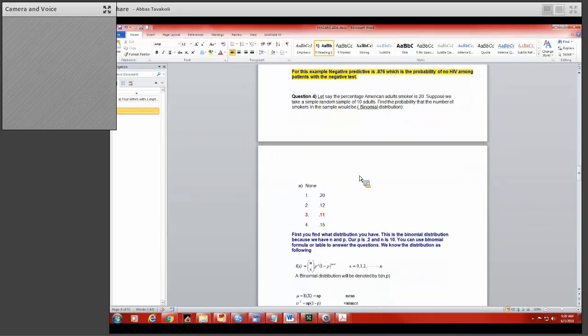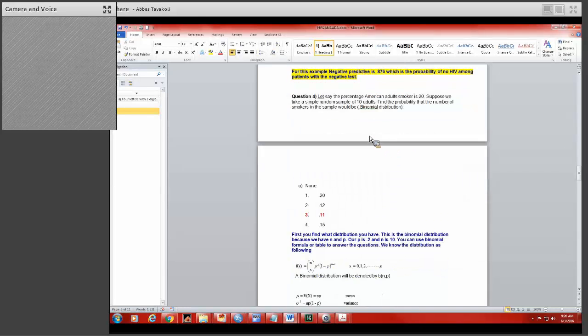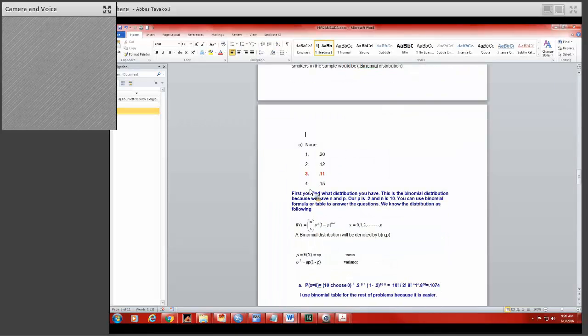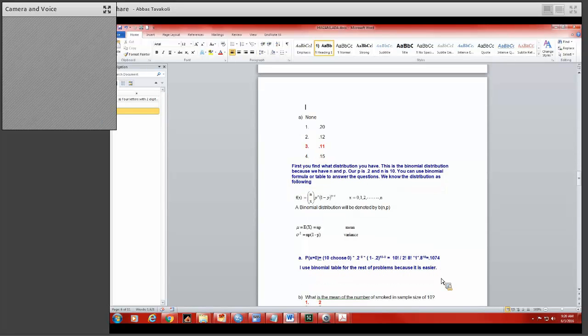Question 4 is binomial. We have 0.2 probability of an adult being a smoker, and we have 10 adults. So what is the probability of no smokers? If I use the formula, probability of x equals 0, 10 choose 0, and calculate that, I get 0.1074.